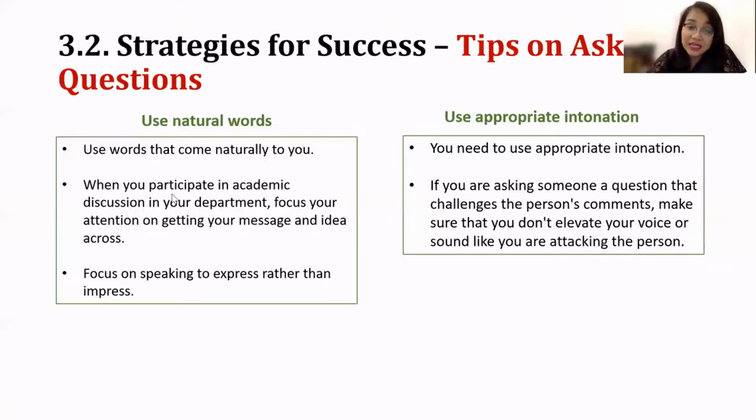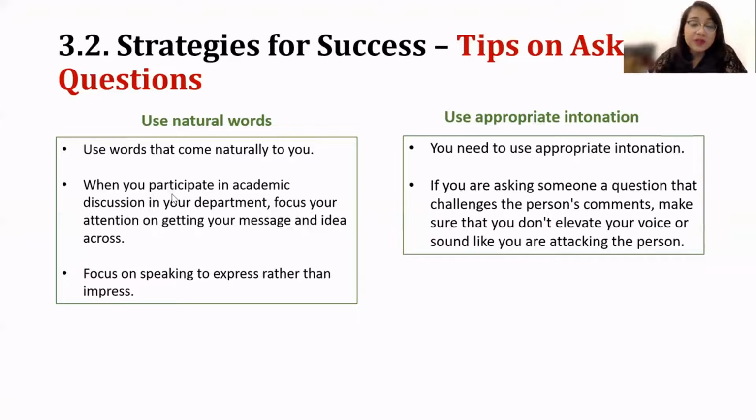Remember, you are asking a question. You are not looking for an enemy. Do not try to speak as if you were attacking someone, even though you think you don't really like the person. Do not show it. Still respect them and mind your intonation so that your question can be conveyed well.